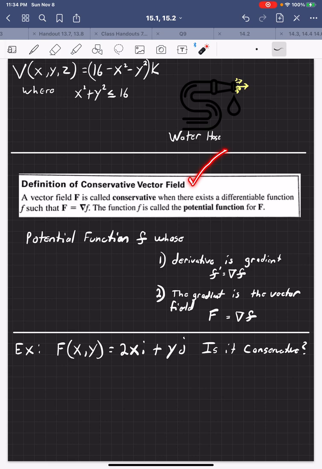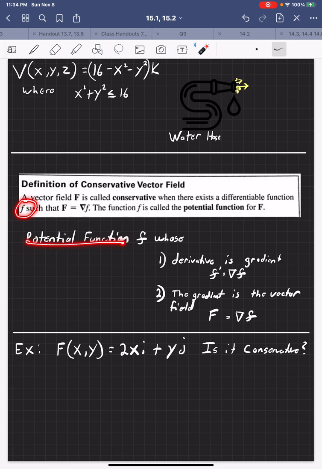Now, what is it? Let me read, and then I'll try to give you in other words. So the definition of a conservative vector field. Well, first off, it's a vector field. All right, let me read it. A vector field is called conservative when there exists a differentiable function f such that the vector field is equal to the gradient of f. Now, in other words, this function f is the potential function.